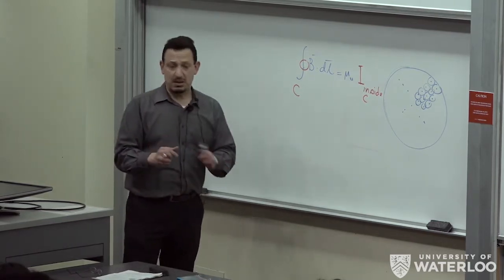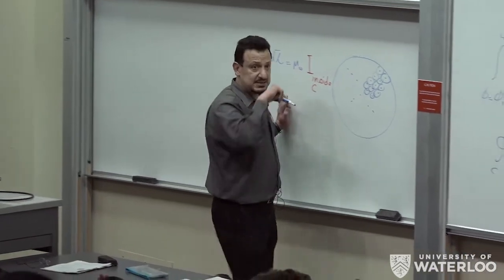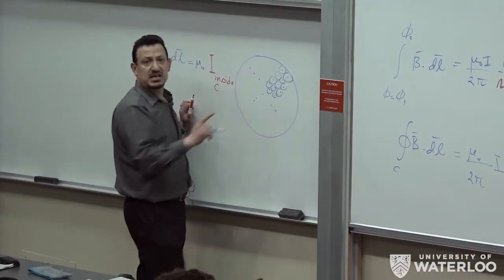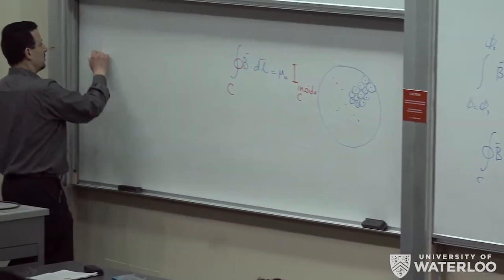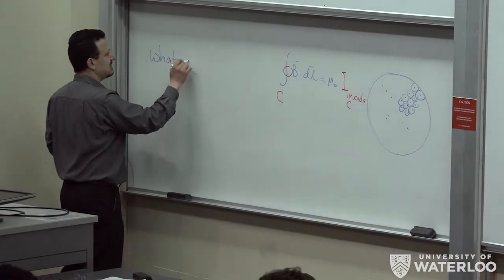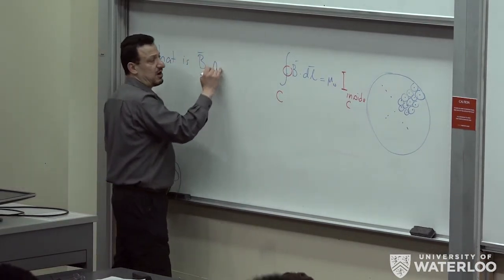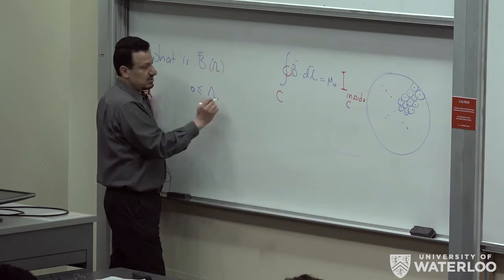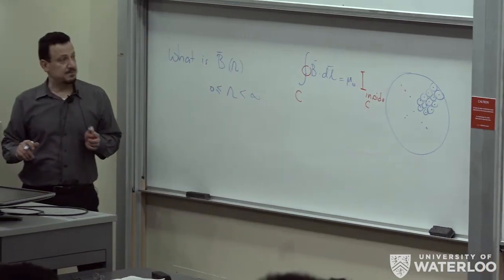This will help me solve a problem like this. So what is the problem? The problem statement is the following. I want to find the field everywhere in space. Okay? So the question is, what is B of R for R greater than or equal to 0, less than infinity, everywhere in space?